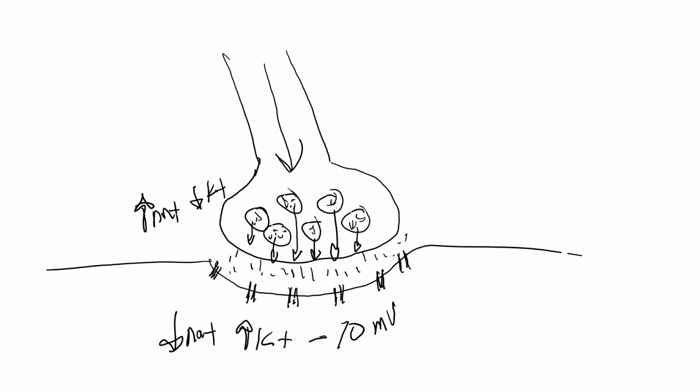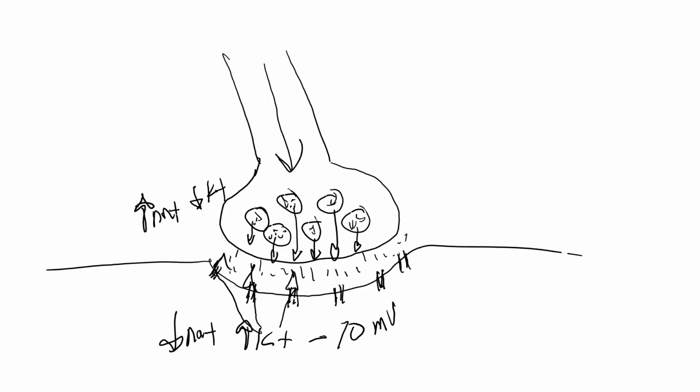So if we open up extra channels for potassium to leave through, beyond its normal leak channels, it is going to want to leave, but it's not going to be able to leave at a very fast rate.